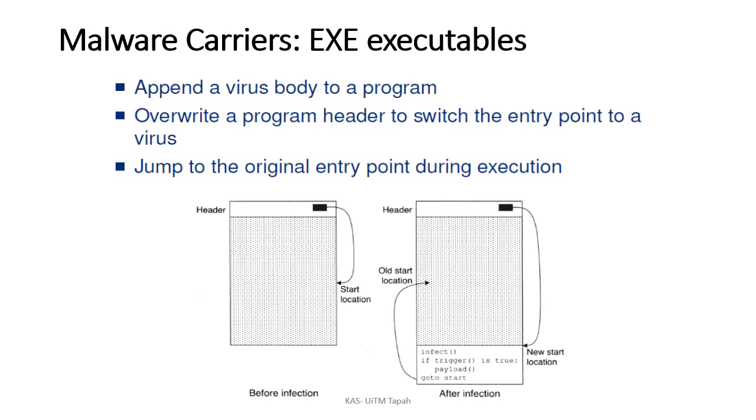The header, instead of going to the original location, goes to a new location. For example, where the virus is embedded or infected. Before infection, your header looks at your address, and goes to the start location. That is before it is infected. Once it is infected, there is a virus in your executable file.